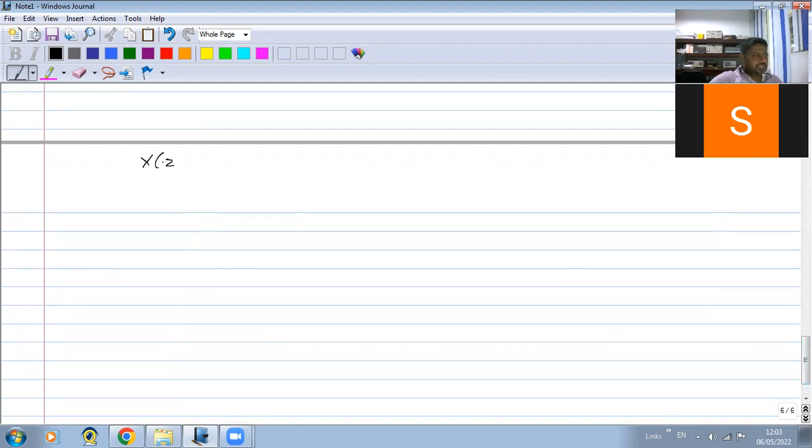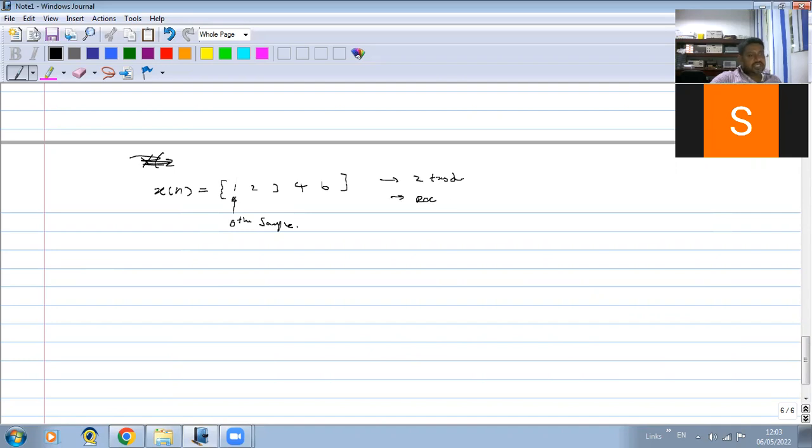Here we are given a sample signal, that is 1 2 3 4 6 or something. Let's say this is the zeroth sample. Can you find the Z transform and the ROC?